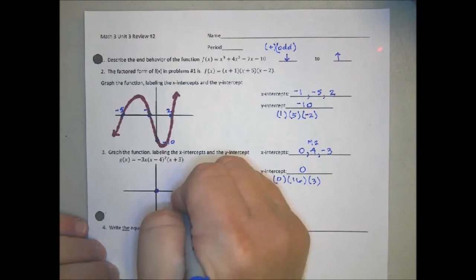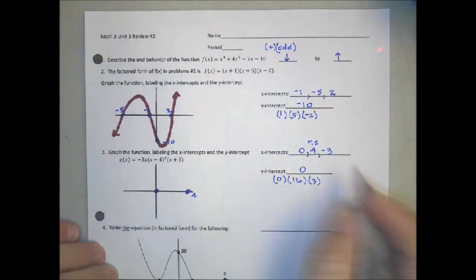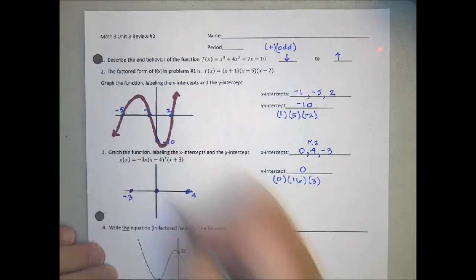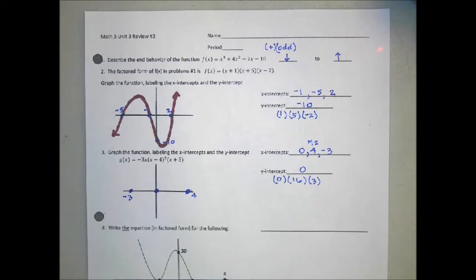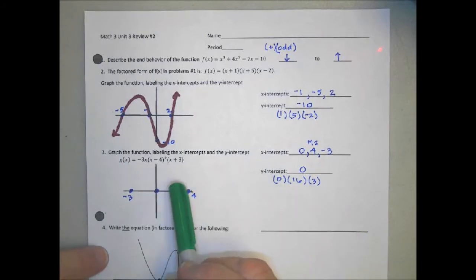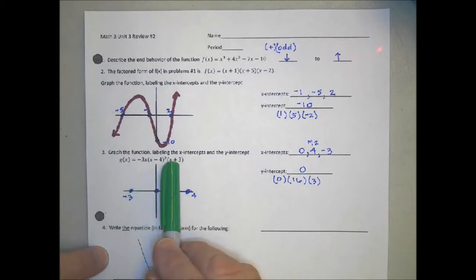Now remember, we've got 4 right here, and it's a bounce. And we've got -3 right here, and it's a pass-through. So what would be the end behavior of this graph? My highest power of x would be x times x squared times another x.